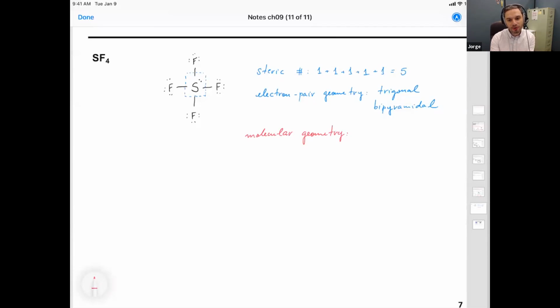And we are going to derive the molecular geometry from the electron pair geometry. So let's go back to the table. So steric number 5 and 1 lone pair located at the central atom. That's the only one that's missing the name. For this case, the molecular geometry is going to be called seesaw.